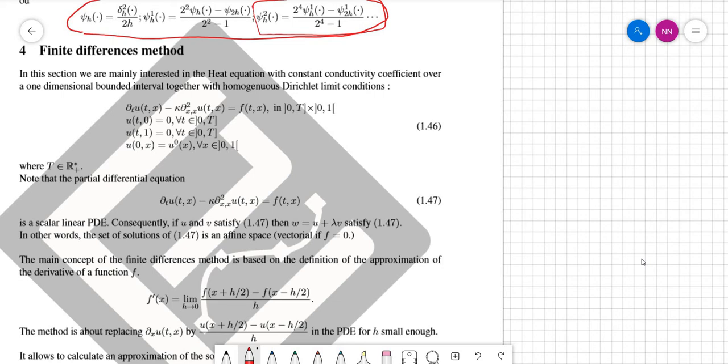What you have done last year, you calculated numerical solutions to differential equations. I need to recall what we have done last year so you can understand really what I'm doing in here.